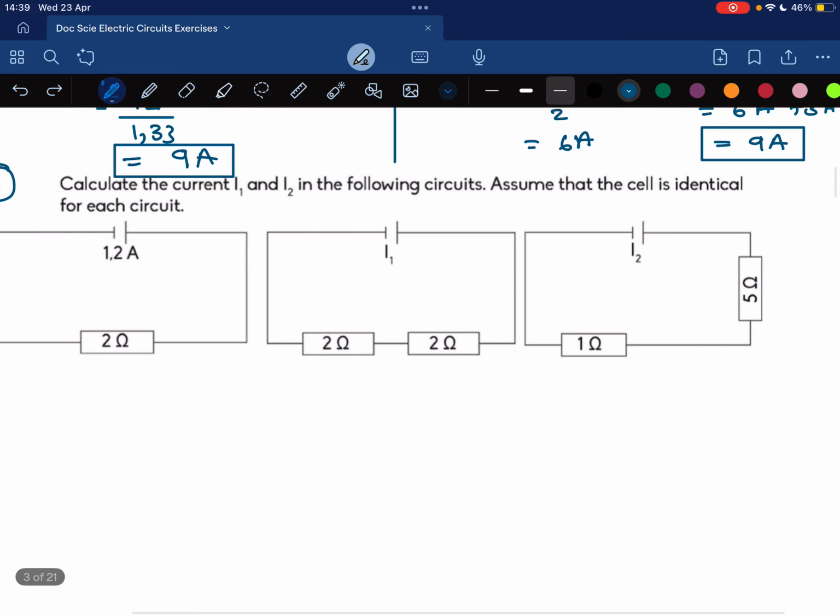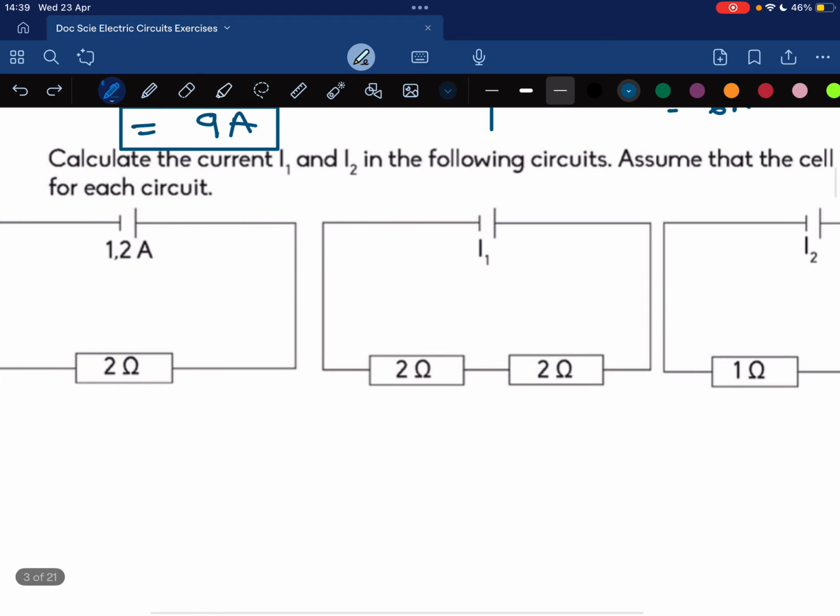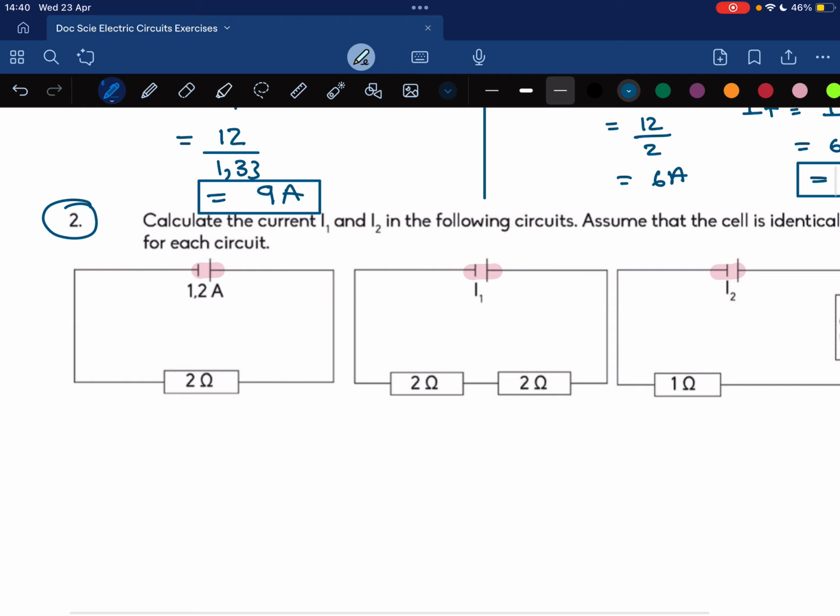So it says that the cell is identical. Notice that there is only one cell in each of these circuits, and it says that they are identical, which means that they all have the same voltage. Now you don't know what that voltage is, so your first step is going to be to figure out what that voltage is.